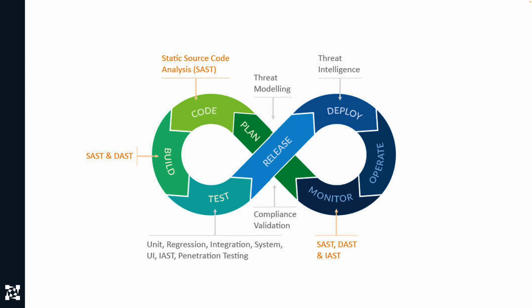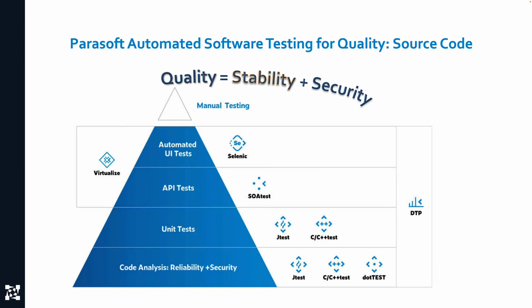Especially in DevOps culture, we have a lot of phases that need static analysis source code testing tools, especially automation tools, like the coding phase, building phase, testing phase, and monitor phase. At PassSoft, we provide a set of tools to help you speed up the testing phase in source code quality checking.